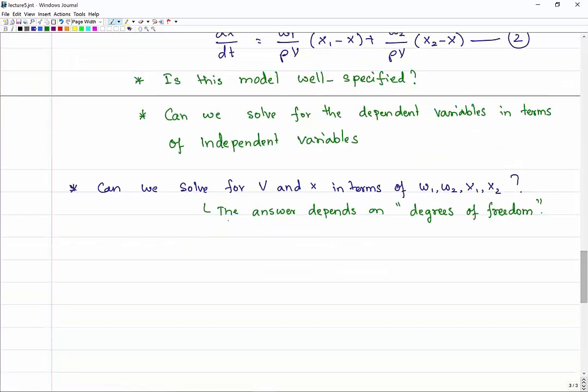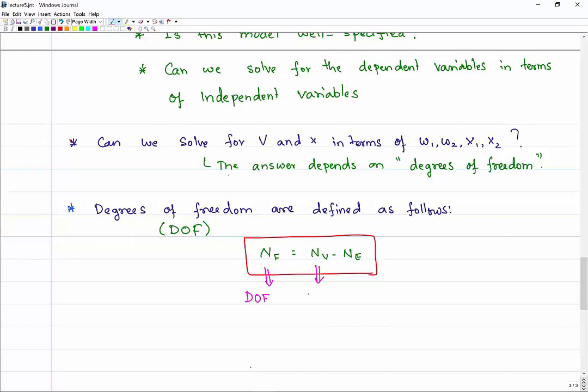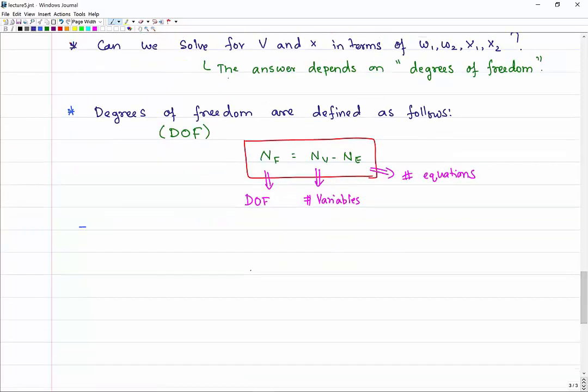The answer, as it turns out, depends on what is called degrees of freedom. One can define degrees of freedom as follows. NF, the number of degrees of freedom, is equal to NV, number of variables in the process, minus NE, number of equations in the process. If NF, degrees of freedom, is equal to 0, we say the model is exactly specified and the model is going to have a unique solution.